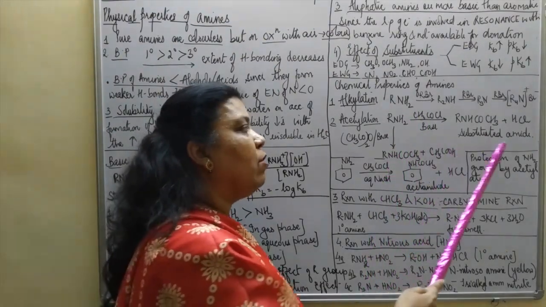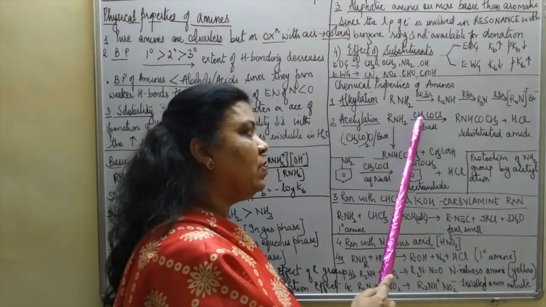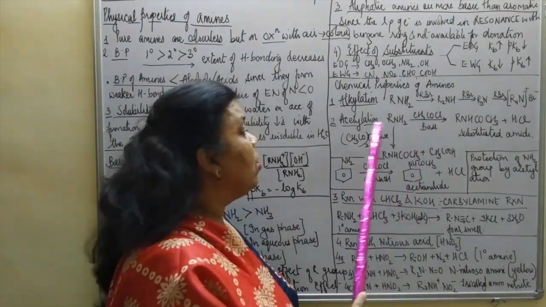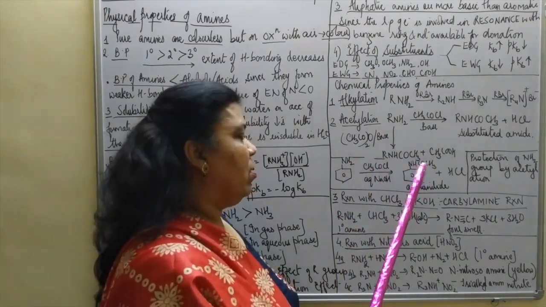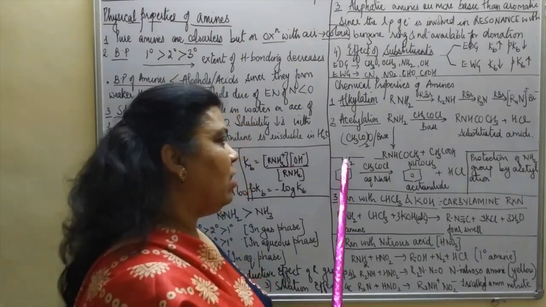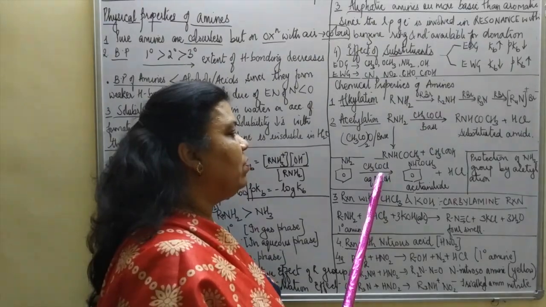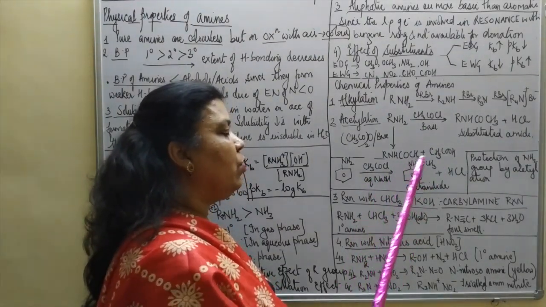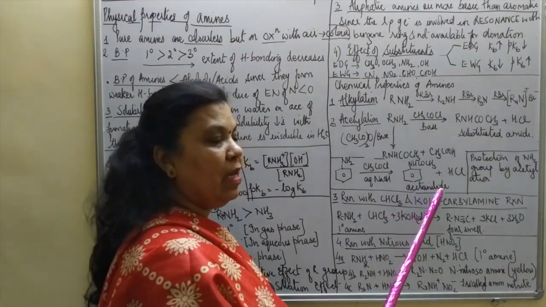So it will result in the formation of substituted amide, no matter whether you use CH3COCl acetyl chloride as the acetylating agent or acetic anhydride as the acetylating agent. For example, if we take the aromatic amine aniline and react it with CH3COCl in presence of base, then it forms a substituted amide again, and the common name of this is acetanilide.